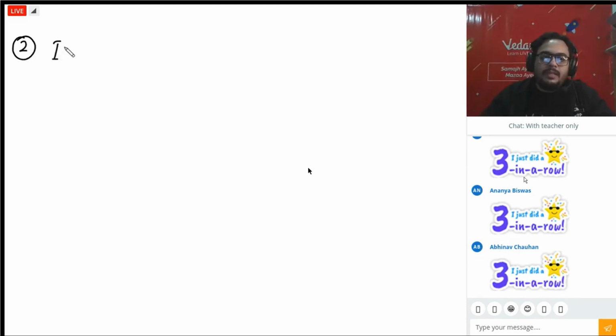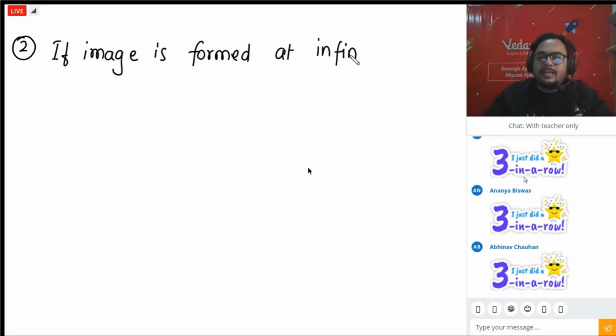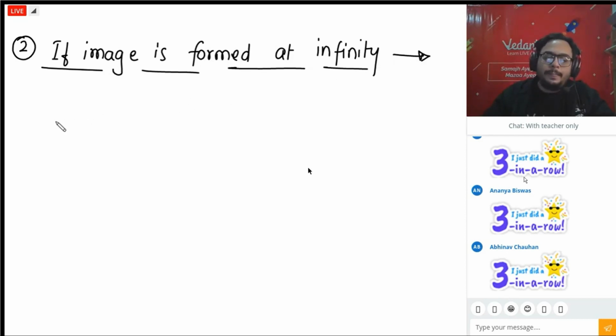If image is formed at infinity, in the relaxed case, what will be the magnification? Okay, so in the relaxed case, what will happen? Where did I make the diagram?